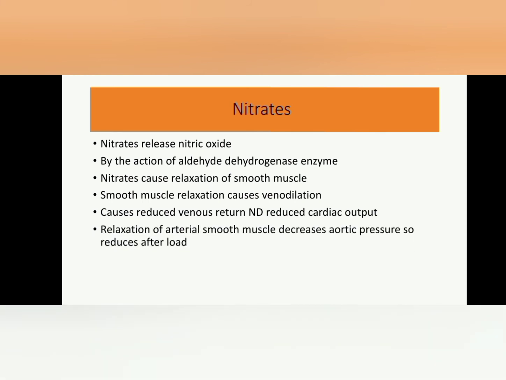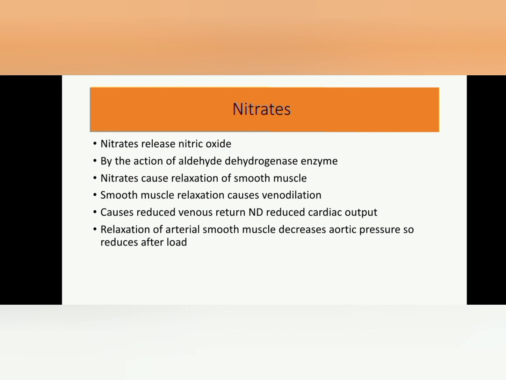Smooth muscle relaxation causes venodilation, but it also causes relaxation of arterial smooth muscle. And when arterial or aortic smooth muscle is relaxed, it decreases aortic pressure. So it will reduce afterload, and afterload is simply the resistance against which the left ventricle is pumping the blood.